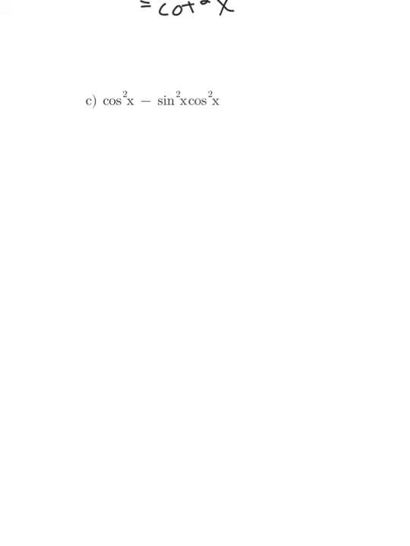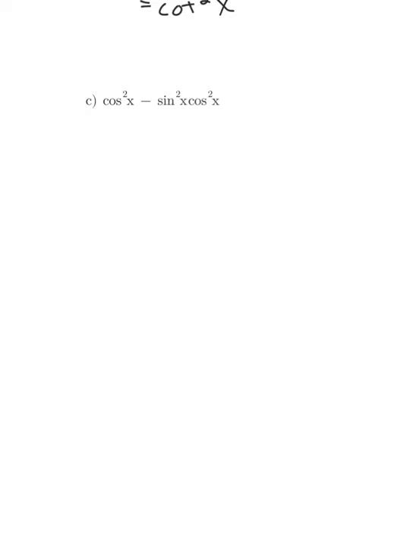On example C, we have the problem of cosine squared of x minus sine squared of x times cosine squared of x, and we are supposed to simplify this. All of these problems that we are doing are in preparation for some more complicated proofs of identities that we will be doing later. And so what they want you to do is start to learn to recognize some algebraic types of things in these problems.